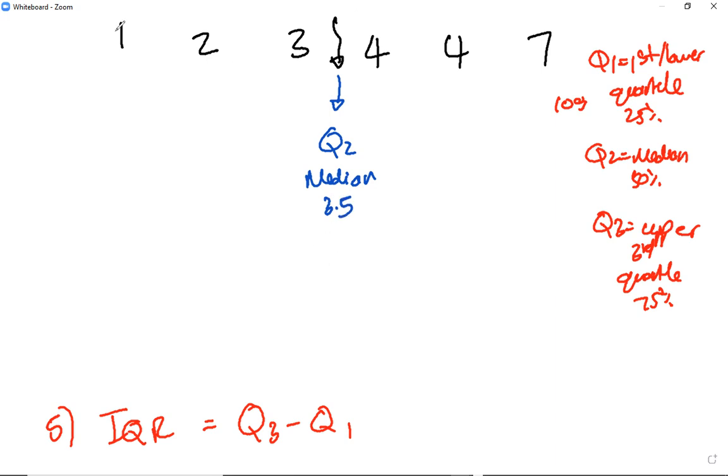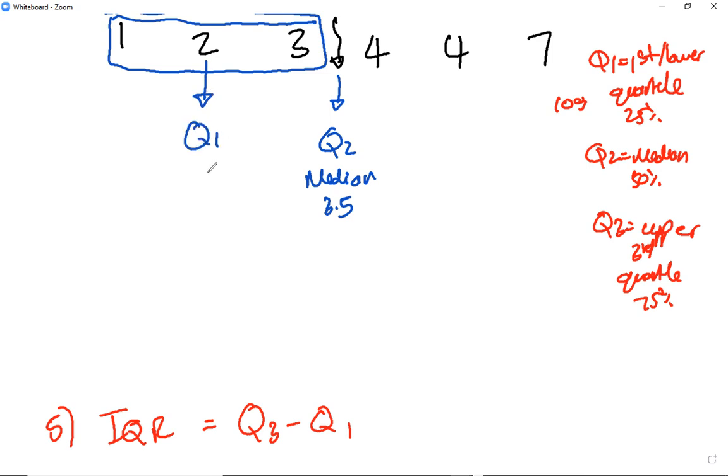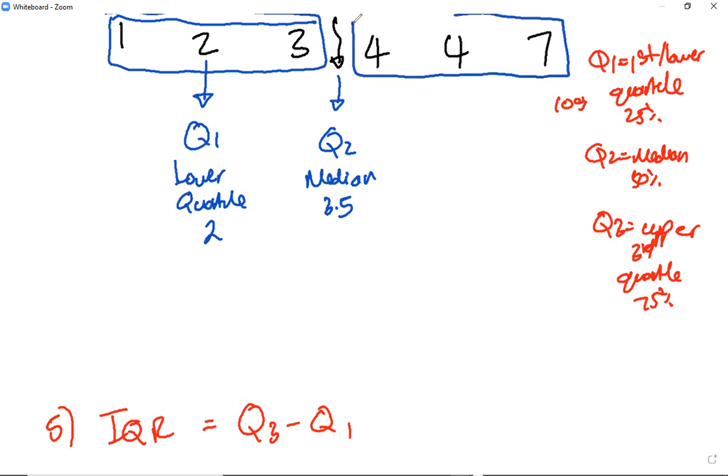Once you have that, group the left-hand side and look for the median of the left-hand side. And that's going to be 2. That'll become your Q1, which is your lower quartile. Group the right-hand side of your median, find the middle value, and sometimes you have to average 2 numbers as well.